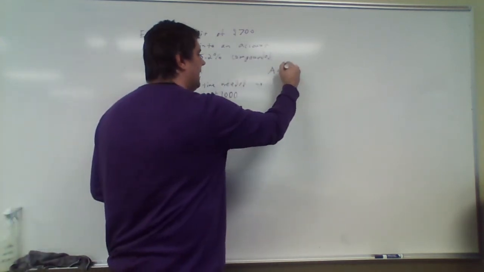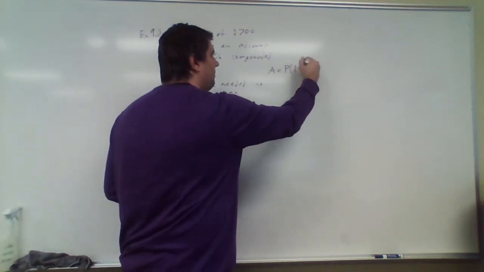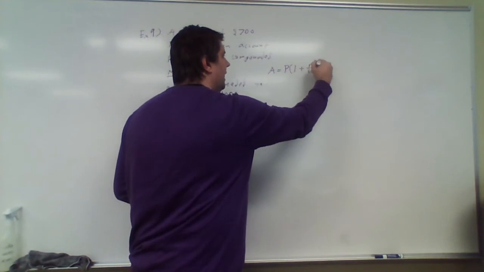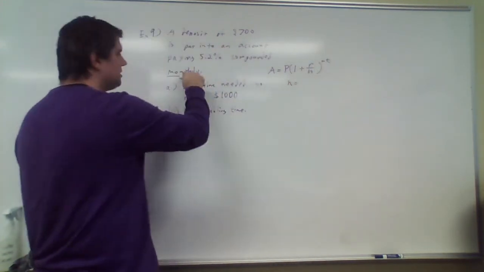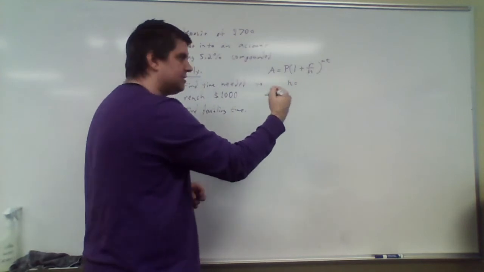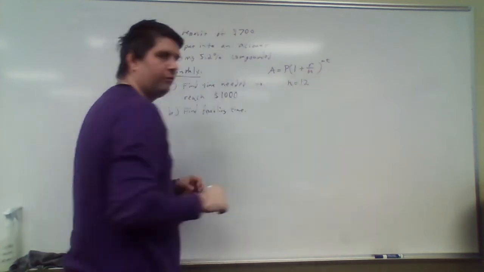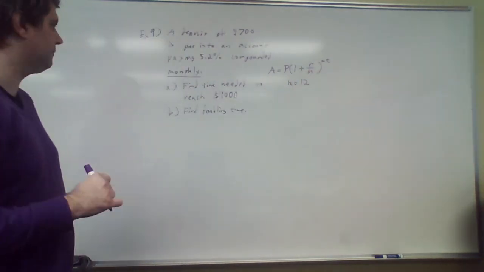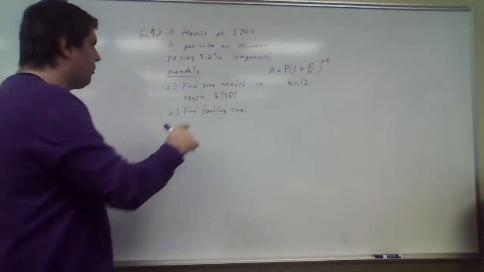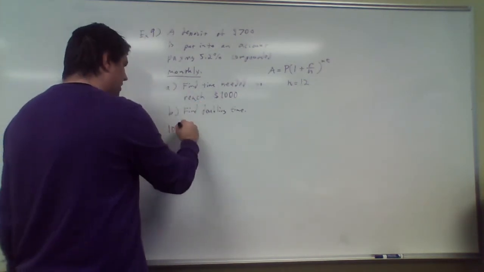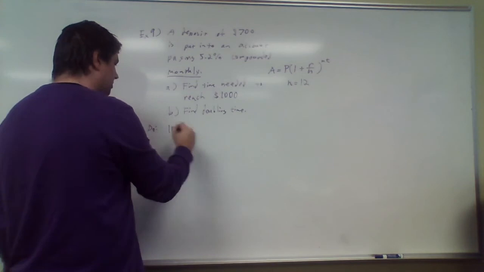You would use A equals P times 1 plus r over n to the nt power, and n, because it's monthly and there's 12 months in a year, n would be 12. Okay? So I want the time needed to reach $1,000.